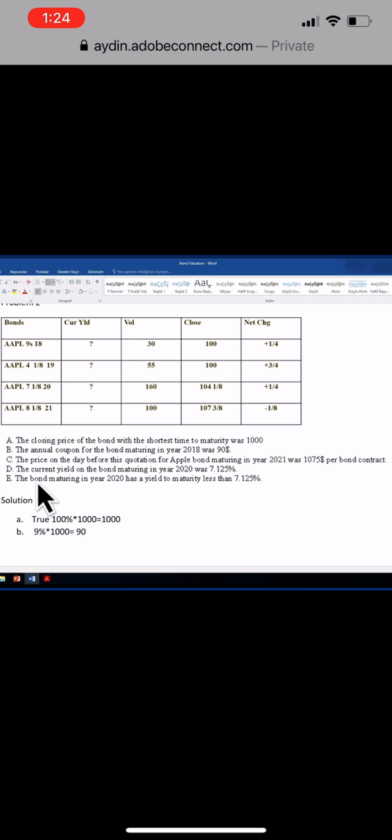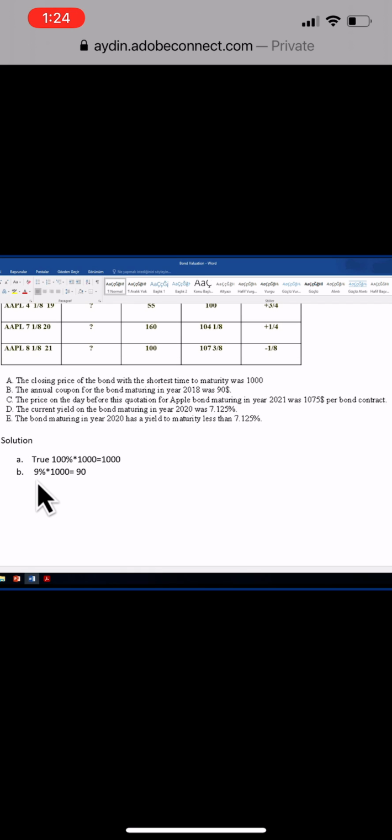It's not false. This statement is also true. Is it understandable? Once we know where to extract information, the rest is just simple, because most of the values are given as a percentage of face value. So the face value is normally 1000 unless it's specified in the problem. If it's not specified, we take it as 1000.